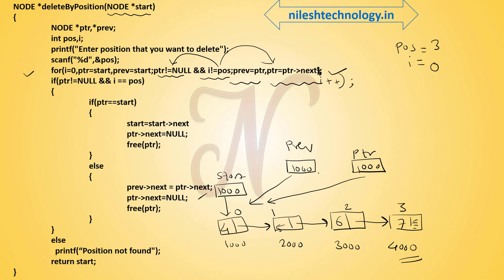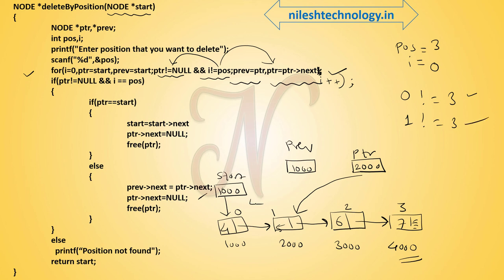Okay, condition is that ptr is not equal to null and i is not equal to the position. Okay, correct. Again prev equal to ptr, already prev and ptr are the same. Then ptr equal to ptr of next. Now ptr is pointing to this next node 2000. Again i plus plus, 1 is not equal to 3, true.